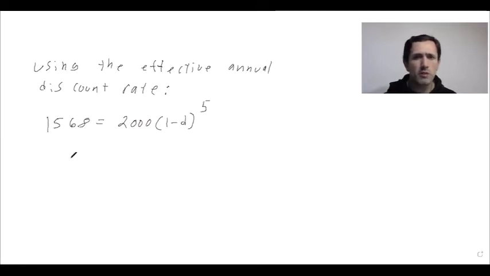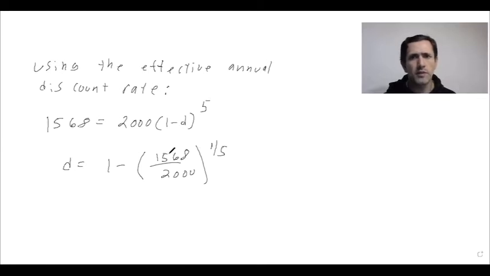So you just solve for d using simple algebra, and you get that d is going to be 1 minus (1568 over 2,000) to the 1/5, which is 0.0475.